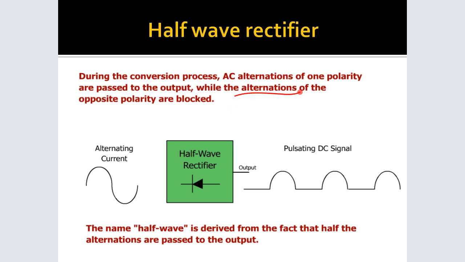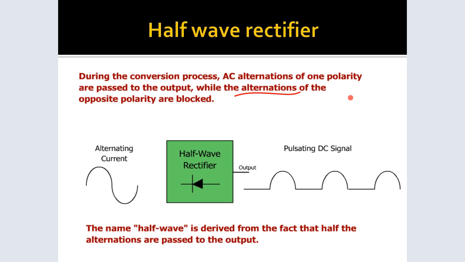So it's the same thing here. One part is passed, the other one is blocked. In other words, for half of the cycle the diode is forward biased and allows current to pass through.